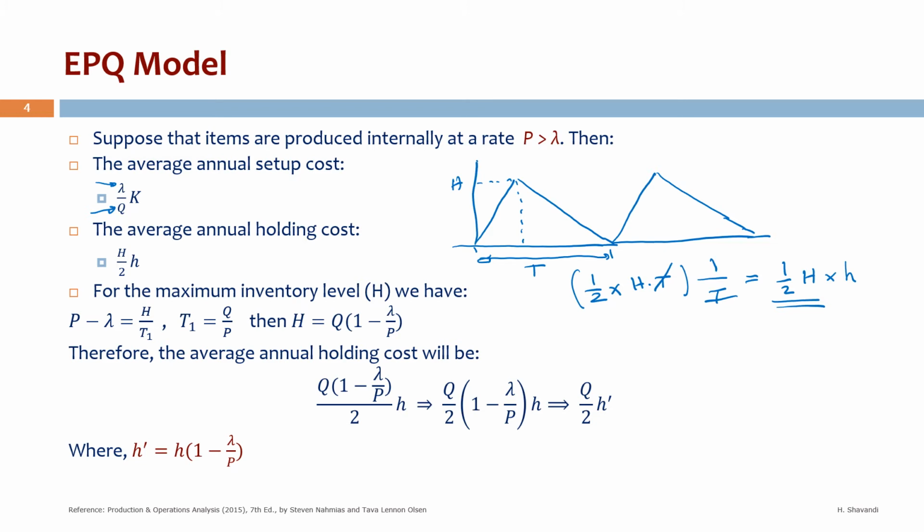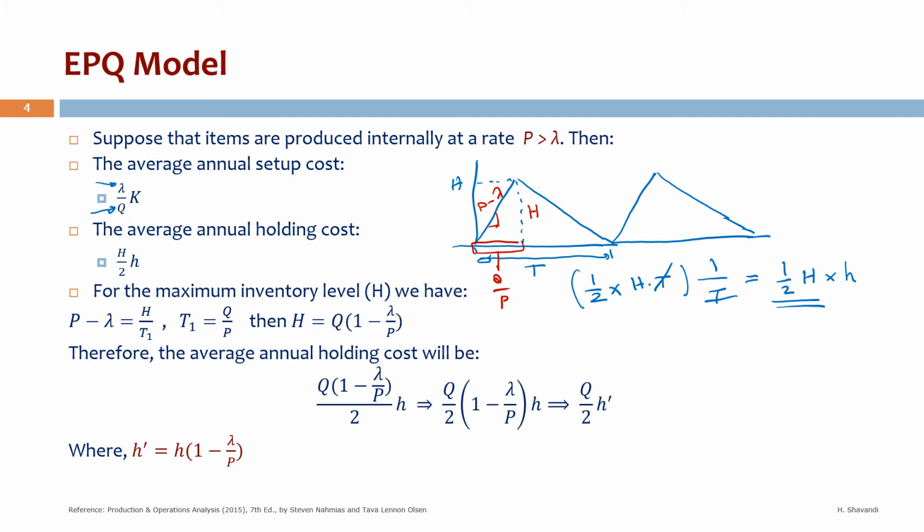So, as you see here, this slope is P minus lambda, right? And this height here is H, and this base is T1, which is Q over P, right?